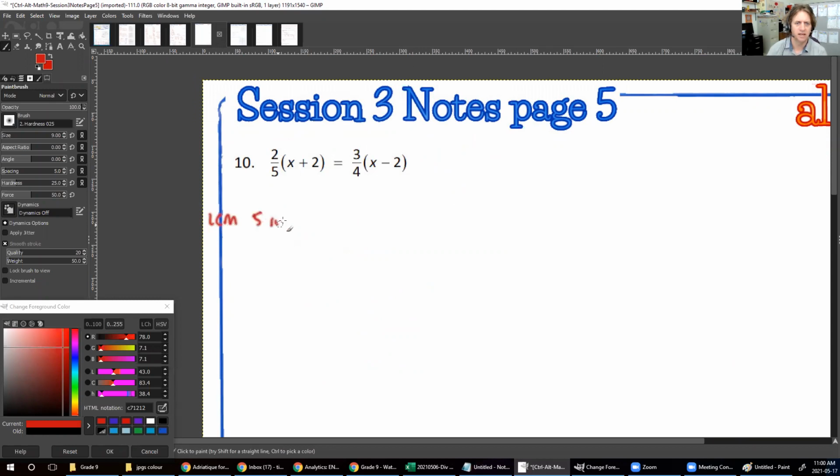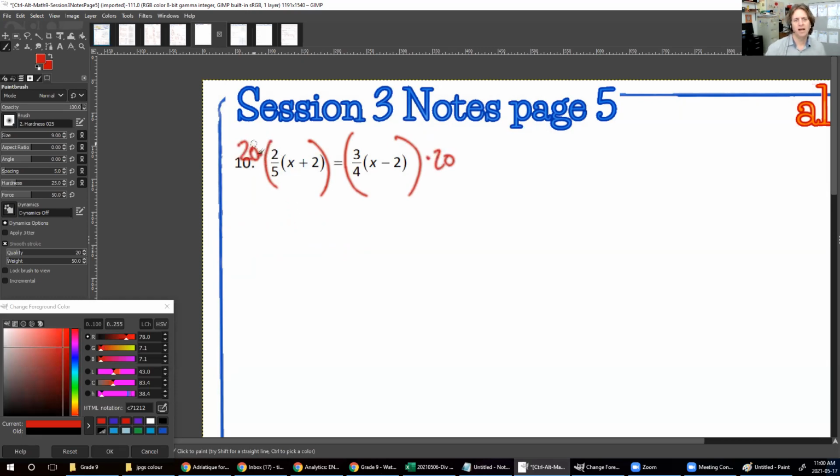So it's 5, 10, 15, 20, and for 4, 8, 12, 16, 20. 20 is our number. So let's multiply. I'm just going to erase that because we've all seen it. It's just going to get in the way. So let's multiply both sides by, oops, I'm just going to do times 20, just so it's not confusing.